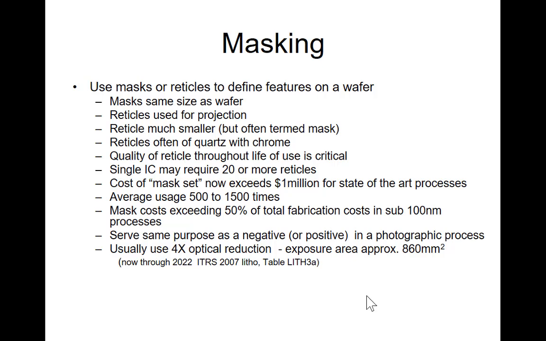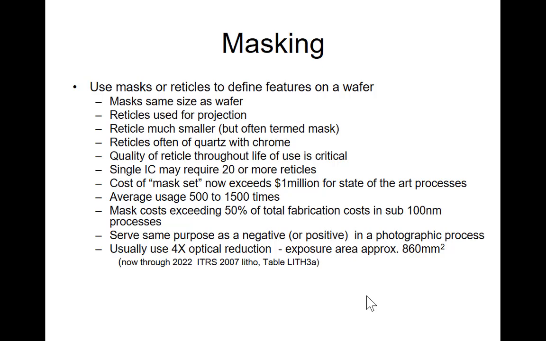So the masks are going to be used for that purpose. For each layer, you need to have a corresponding mask, and then you get a whole set of masks. And it can be expensive, okay?